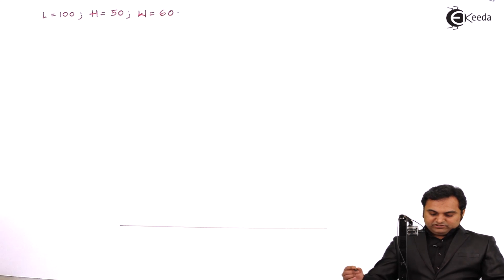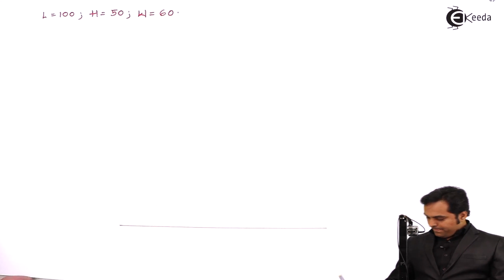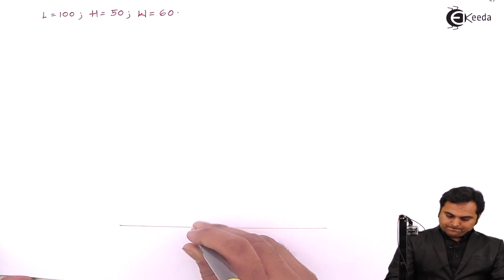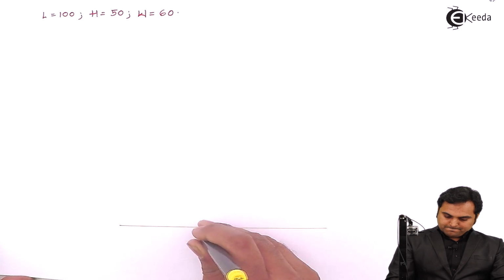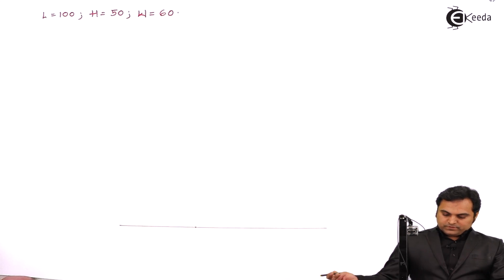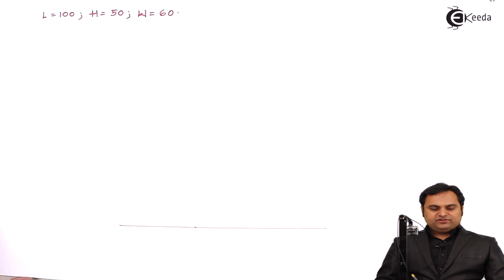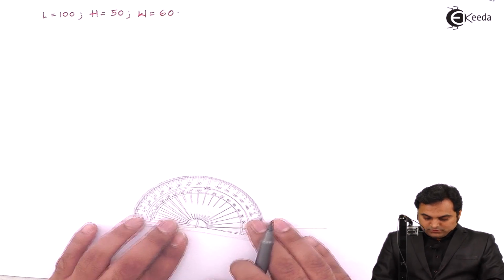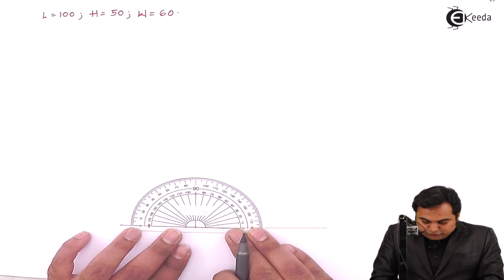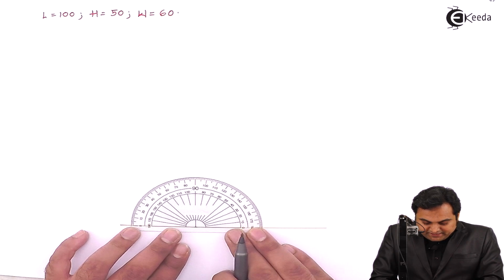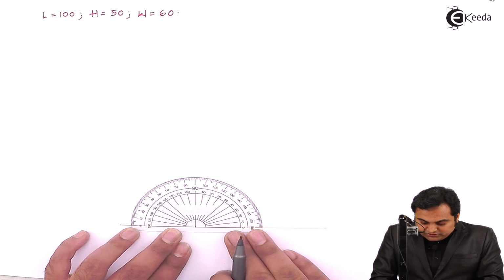First I am taking a reference line. Next taking a point here which is the reference point, and then in case of isometric drawing we have to take 30-degree angle from both the sides because the surfaces are inclined at 30 degree.